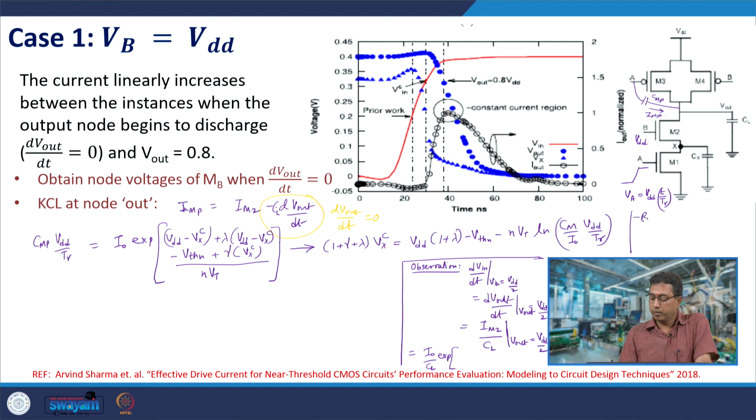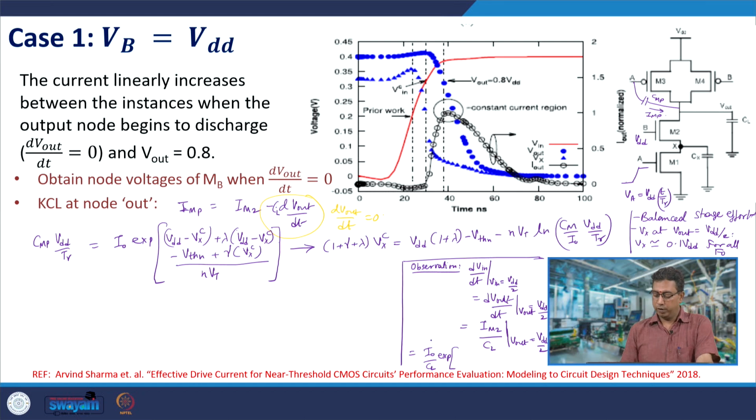So, the key points are: balanced stage effort, and Vx at Vout equal to VDD by 2 is nearly equal to 0.1 VDD for all fan out loads.